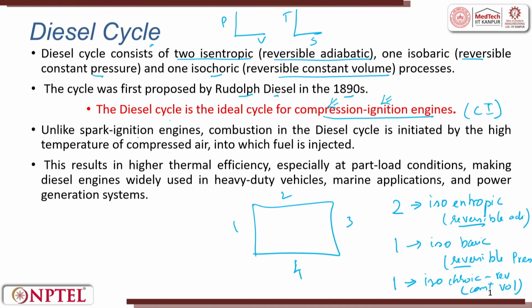Unlike spark ignition engine, combustion in diesel is initiated by the high temperature of compressed air, into which the fuel is injected. This results in high thermal efficiency. The cycle led to the development of technology.